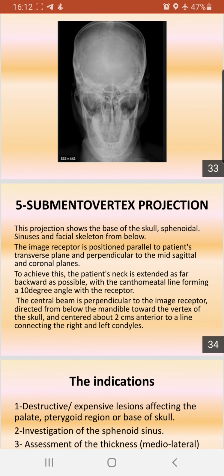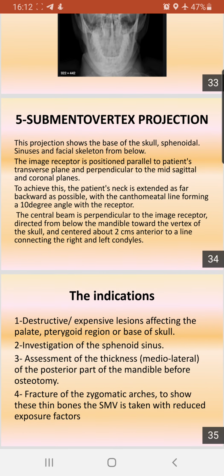Submentovertex projection. This projection shows the base of the skull, sphenoidal sinus, and facial skeleton from below. The image receptor is positioned parallel to the patient's transverse plane and perpendicular to the mid-sagittal and coronal planes.